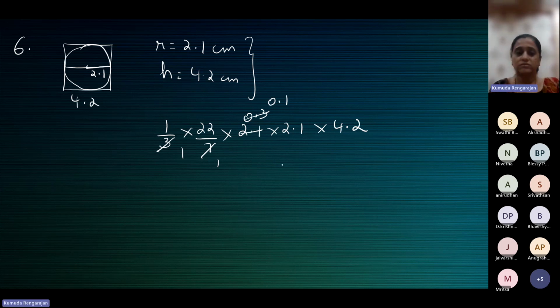So on multiplying 22 into 0.1 into 2.1 into 4.2, we get 19.404. Yeah, which is option D, 19.4. Correct. Just a second, children.